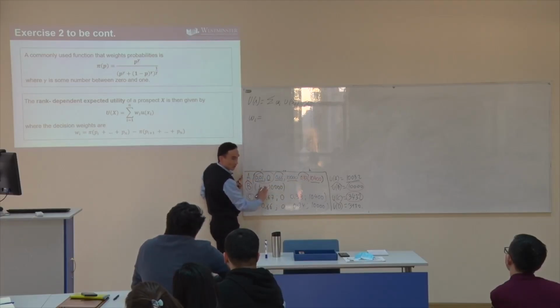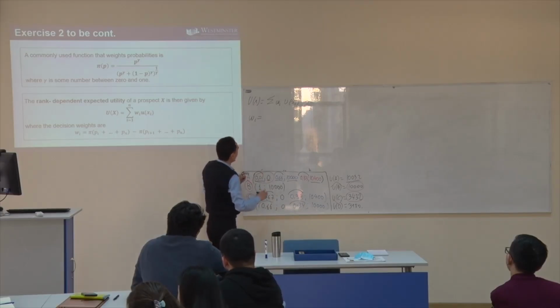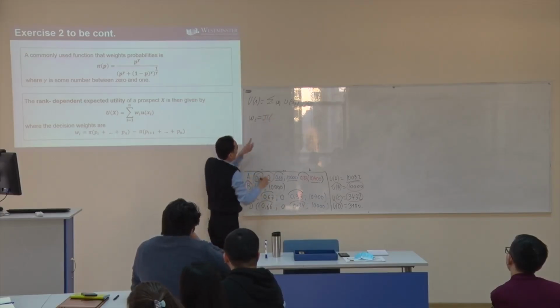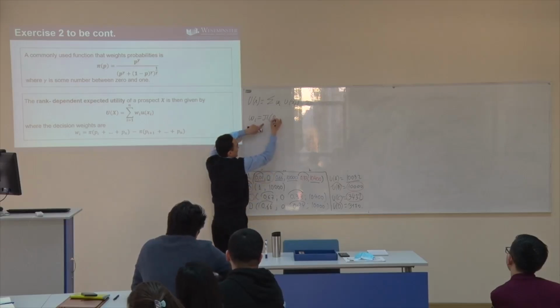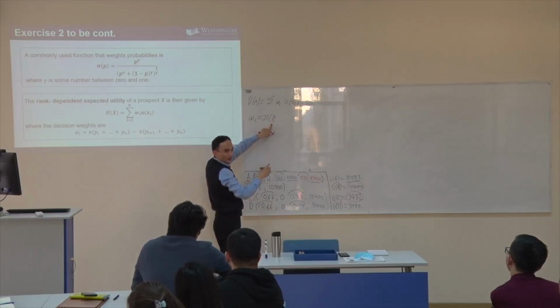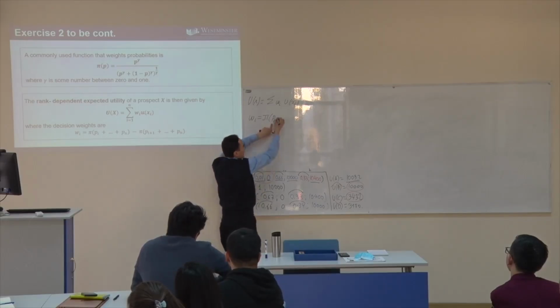So here there is no worst probability. Okay, 1. Here, worst probability, best probability. So you should make it like this. Okay, good. So now here we have this pi, and this probability pi of i is the worst one. Okay, worst one. Plus the second worst one.